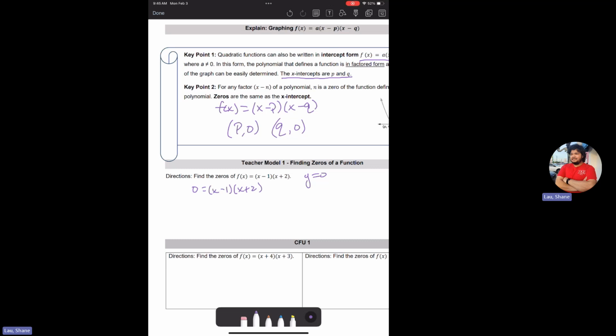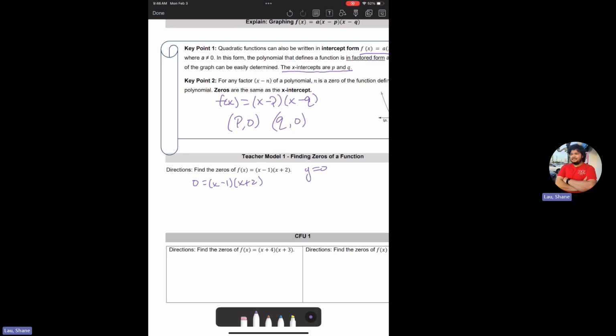But remind yourself that any number times 0 is just equal to 0. So essentially what I'm going to do is make each individual piece, x minus 1 and x plus 2, equal to 0. And that's going to give me the value that I need.